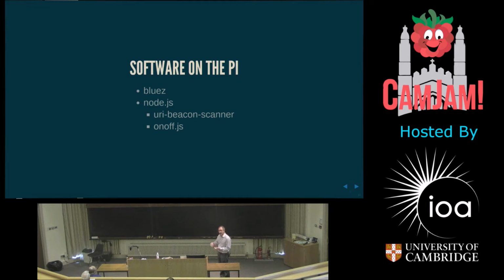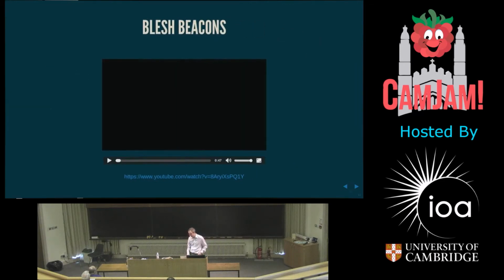So on the Raspberry Pi, we can do this with Node.js. And the URI Beacon Scanner is a library that I've been using that's very good. And you'll see in my demo later, I switch some LEDs on and off. So there's the onoff.js library as well. So with them, I can start to do something very interesting.